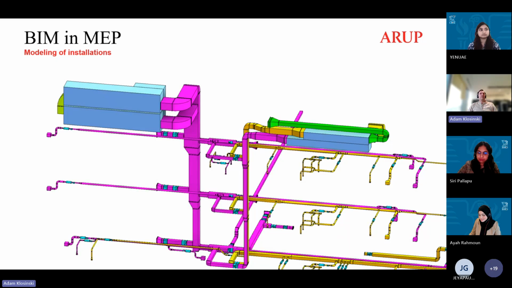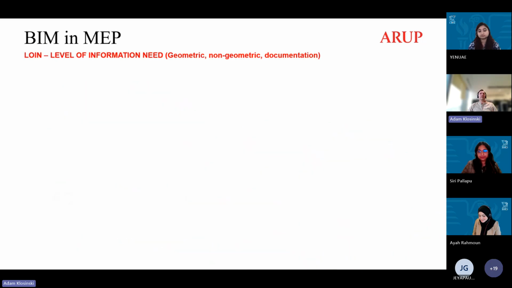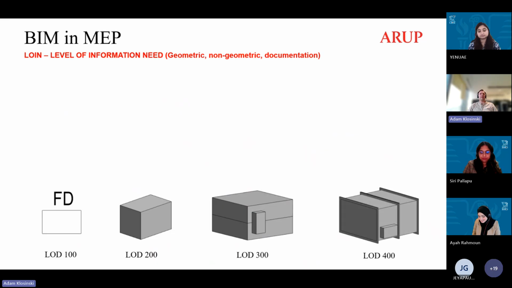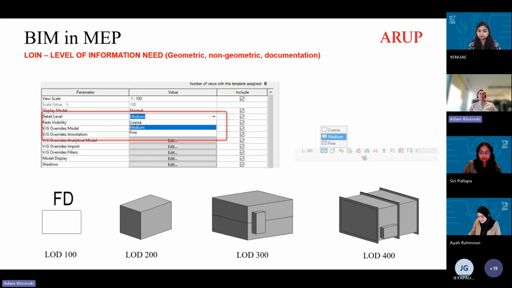In terms of the modeling of the installations, at the beginning I need to keep focus on the level of information needed. This is one of the main principles from the ISO: to describe exactly what kind of information is needed at which stage.